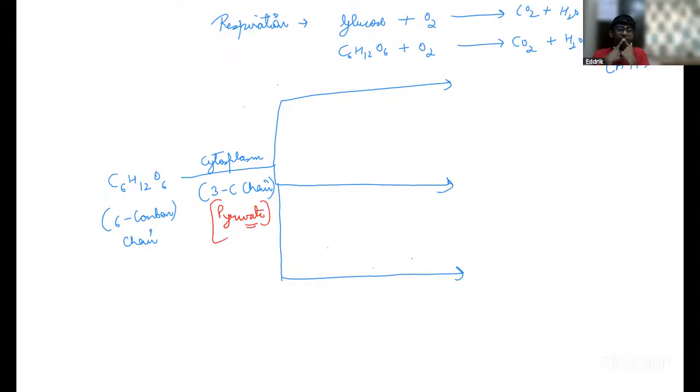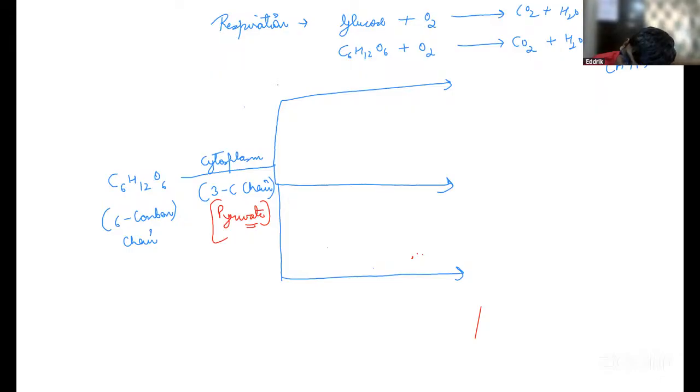So, sir, what's the formula of pyruvate? Pyruvate formula, I have to check, because yesterday there was a blackout and I slept at 5 o'clock in the morning. Spelling, sir? Yeah, just give me a second. Pyruvate.